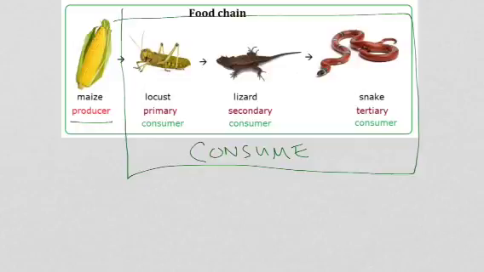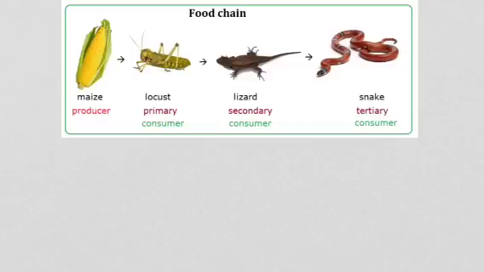And we know that there are different kinds of consumers. Consumers that only eat vegetables, or only eat plant matter, are known as herbivores.